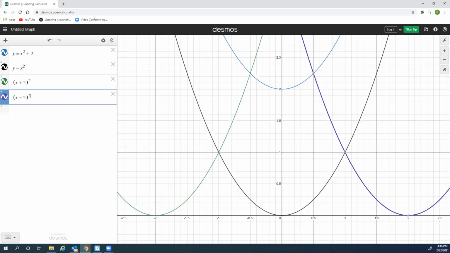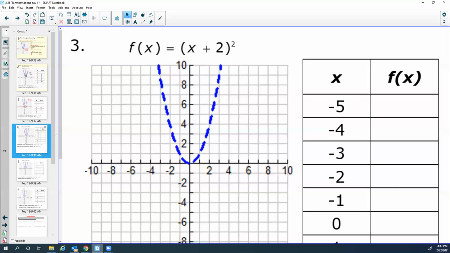So this is the thing where we say our x's will sometimes lie to us. And this is a case where they lied to us. While it says we were adding 2, you would think it would go to the right. It actually means go to the left. If you're subtracting 2 inside the parentheses, it's going to do the opposite. It's going to go to the right. So that's where we go back to our transformation, where x plus 2 means I'm going to go left 2.